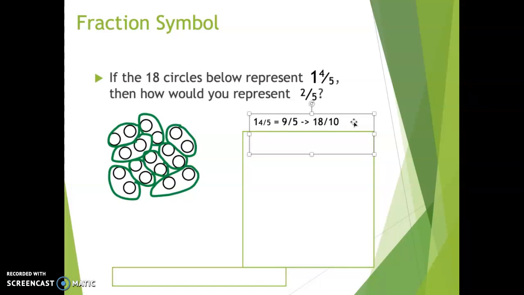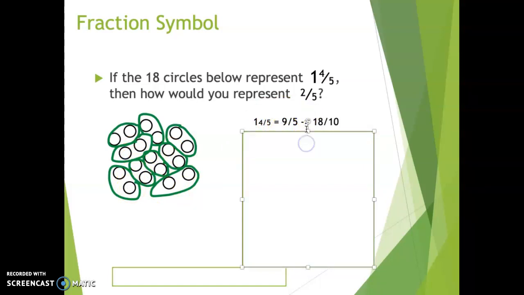So if 1 4/5 equals 9/5, and I see that 9 times 2 is 18, or 18 is divisible by 9 twice, then I can create 18/10. So 18/10. 1, 2, 3, 4, 5, 6, 7, 8, 9/5.